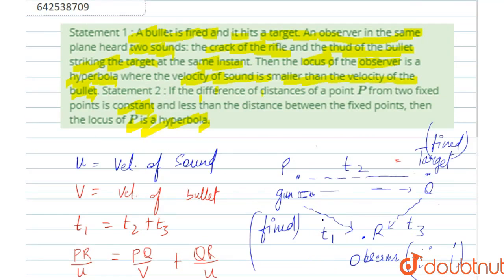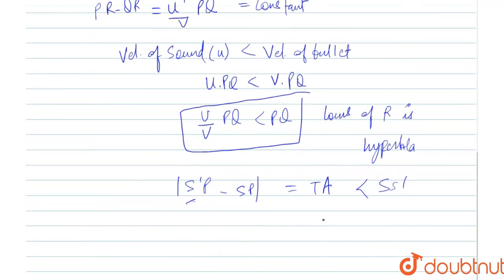That is what we needed to prove: the distance between the two fixed points is greater, and the locus of P is a hyperbola. Thank you.